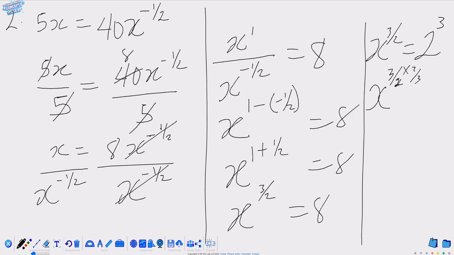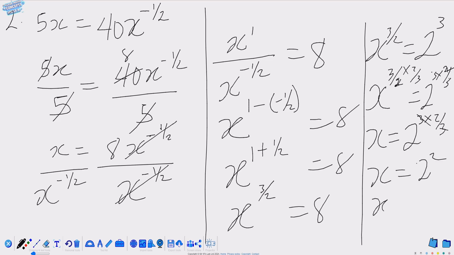So you do the same to the other side. 3 times 2/3. We get that. So this will be x raised power of 1 equals what? 2 raised power, that's 3 times 2/3. So 3 cancel 3. Your x will now be what? 2 raised power 2. Your x will be what? 4. I hope we get that.